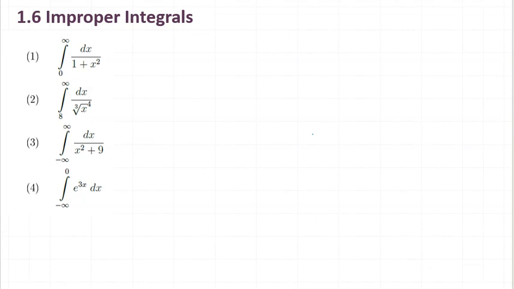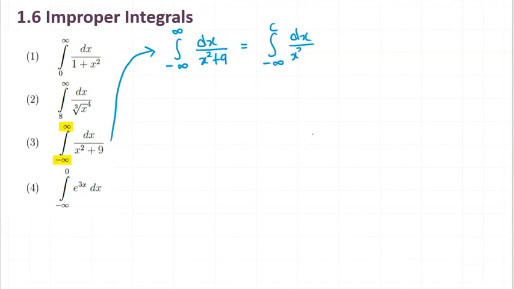So let's solve this question. Here, question number 3, you see that both the limits, upper limit and lower limit, are infinite. So in this case, we have to break this into two parts. We can write the integral from minus infinity to infinity dx over x square plus 9 as integral minus infinity to c dx over x square plus 9 plus integral c to infinity dx over x square plus 9.